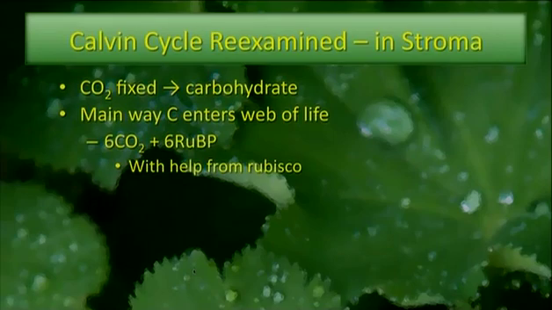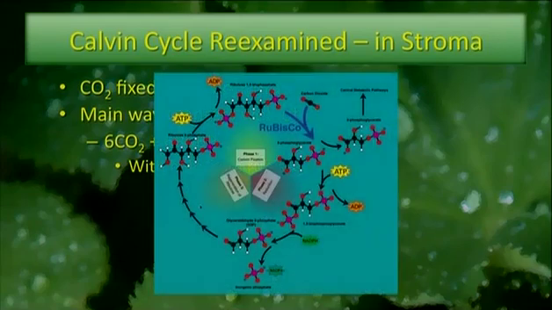Both carbon dioxide and oxygen can be substrates for Rubisco, so we'll talk about that a little bit later. So here's Rubisco, and here's carbon dioxide joining with the RuBP.